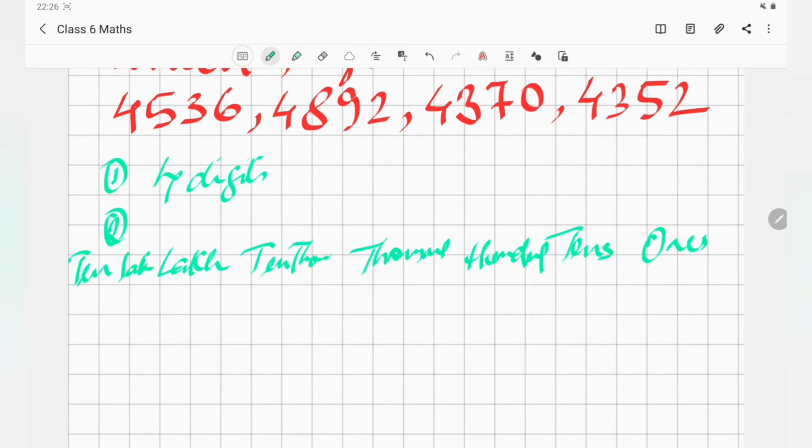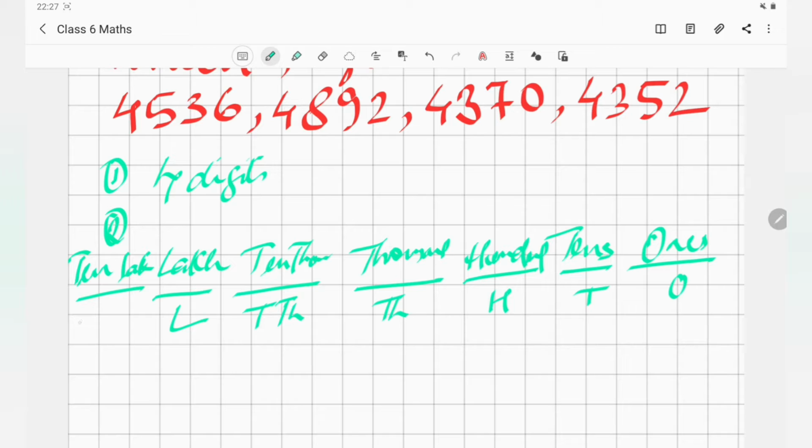So throughout this video and throughout the course, we'll call the position of ones as O, tens as T, hundreds as H, thousand as capital T and small h, 10,000 will be double T and small h, lakh will be L, 10 lakh will be TL, right? So this is how we'll read, and we'll just keep on following this particular pattern.